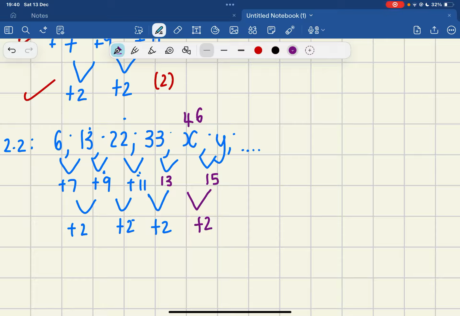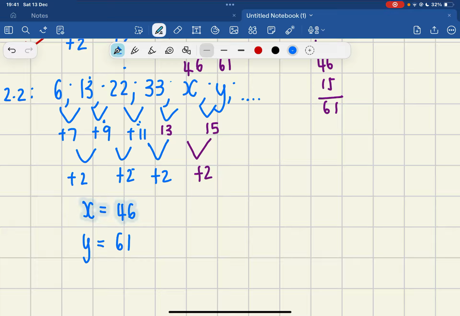Now 15 plus 46 is 61. So y would be 61. Therefore, we write x is equal to 46, y is equal to 61 as our final answers.